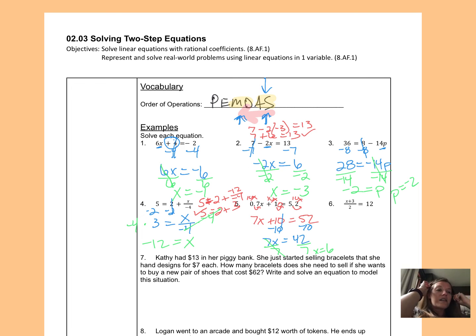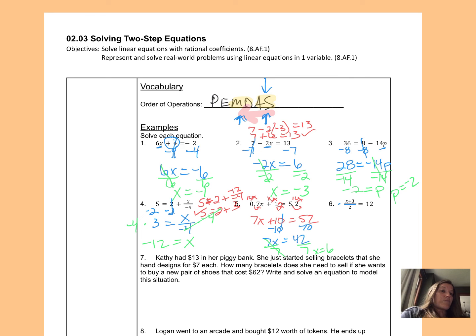Now, number 6 is the exception here because I can't subtract by 3 first because that 3 is trapped up here in the numerator. So if we think about what makes this problem confusing or different, it's that we've got a fraction here. So then let's simplify this first by getting rid of that fraction. So this whole thing is being divided by 2.